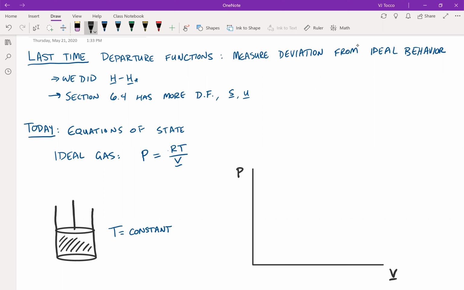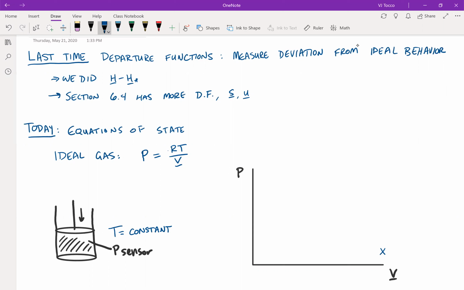So we can squeeze this piston down. So let's say we squeeze it a little bit, and we've got a pressure sensor that will measure the pressure inside. So at the start, we may say that we have a certain molar volume. We can measure the molar volume because we know the volume of a cylinder, and we would measure the pressure inside with that pressure sensor.